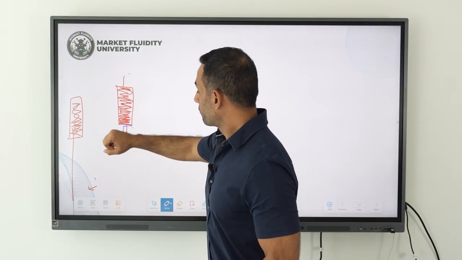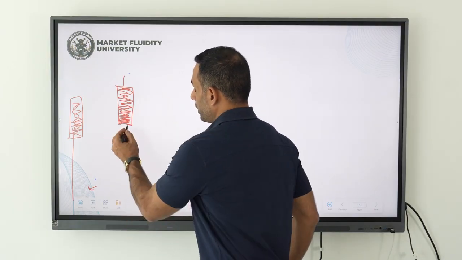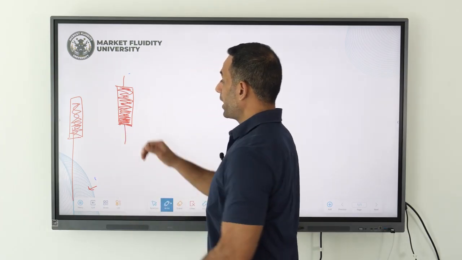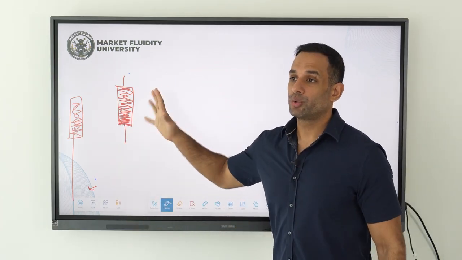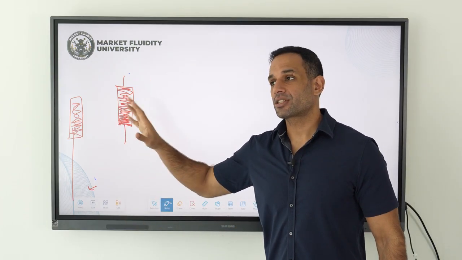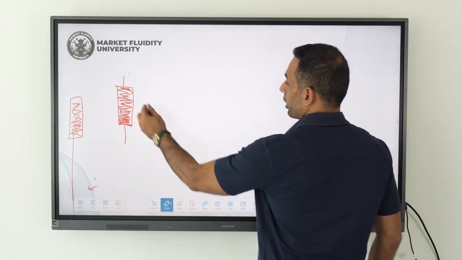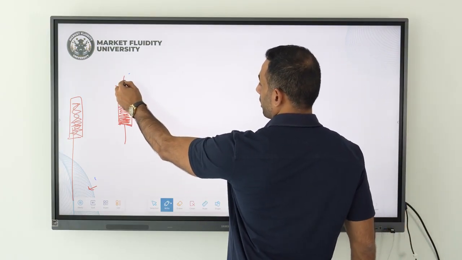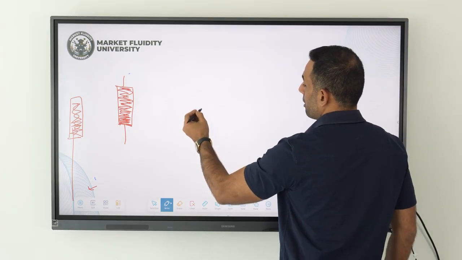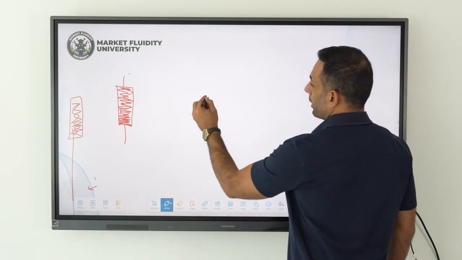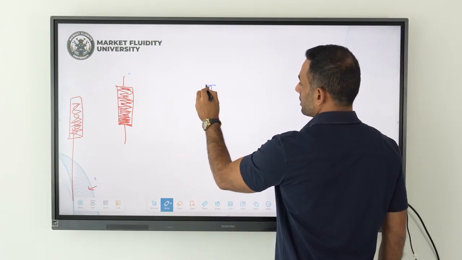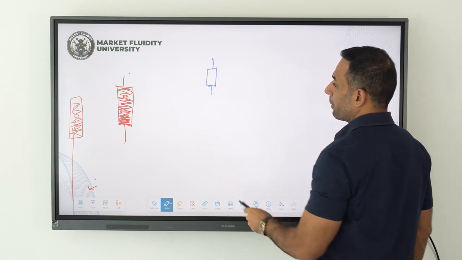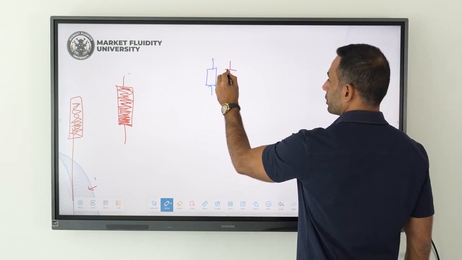Okay, so first we need to break this daily candle into, let's say, 6 4-hour candles. When we look at the daily candle, we can see that the first candle moved up. So maybe the 4-hour candles may look like this, starting off trying to move up, and then we had price pushing down.